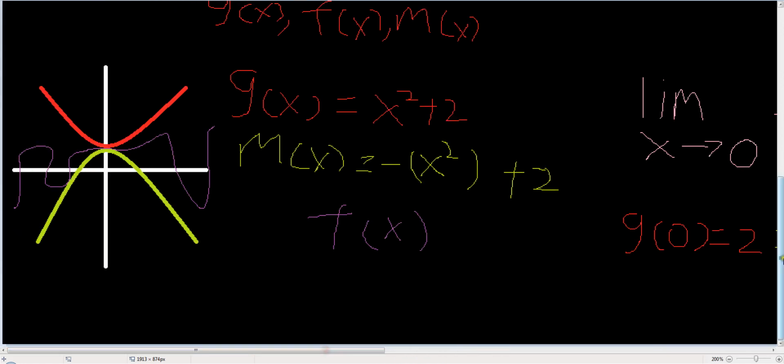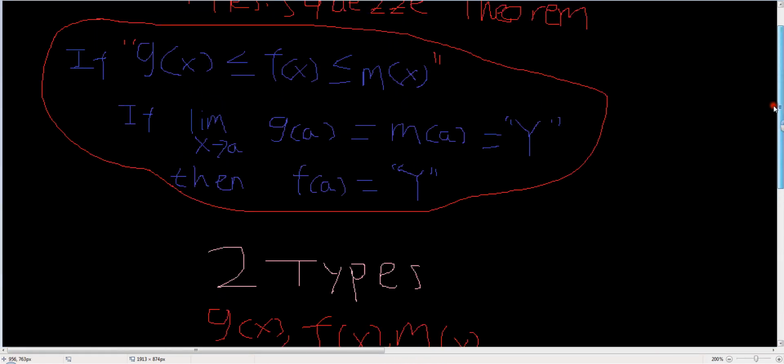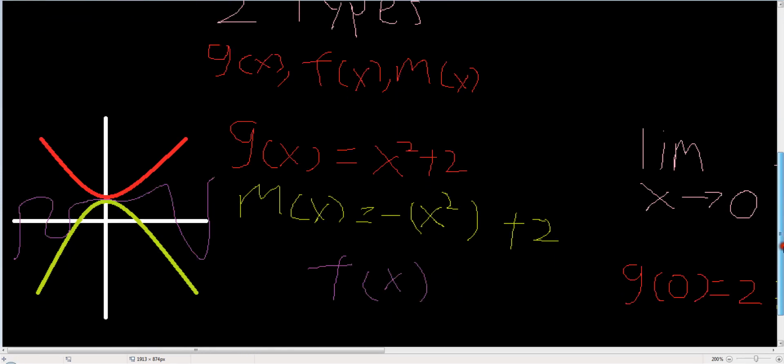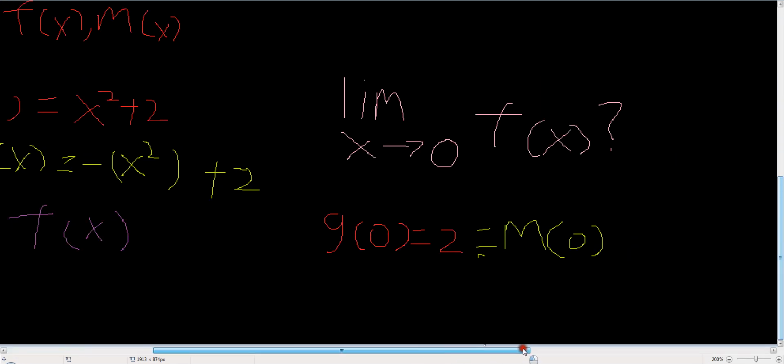And at this point you might see already, according to this theorem, if g of a equals m of a, which equals a certain point y, then f of a must be equal to y. According to the squeeze theorem, or the sandwich theorem.